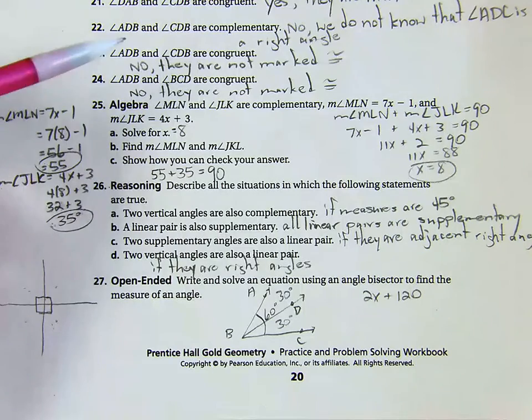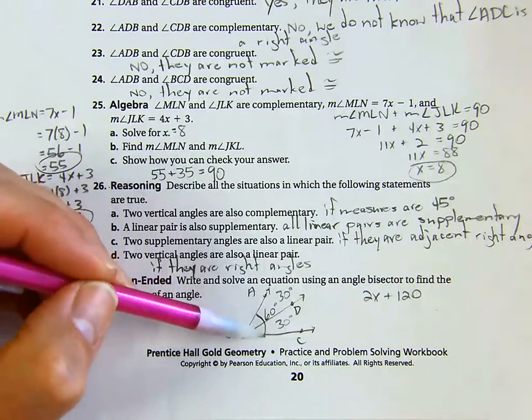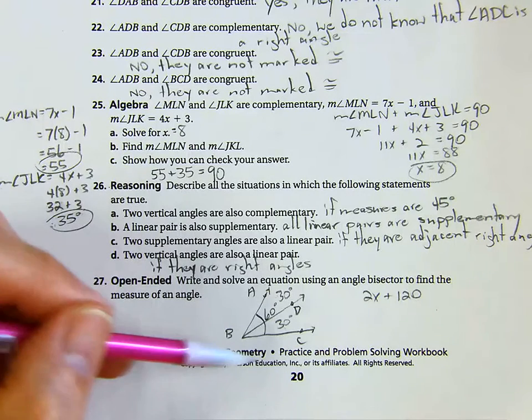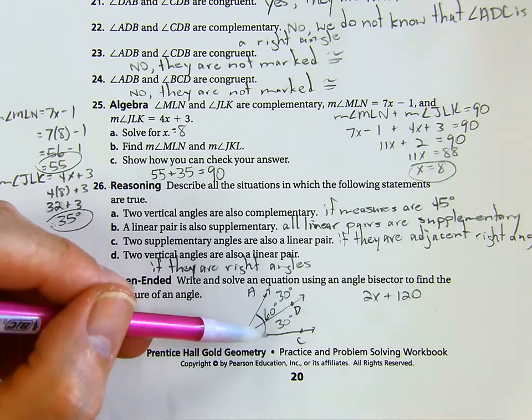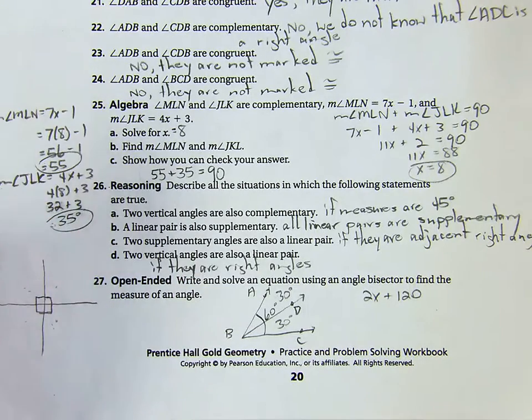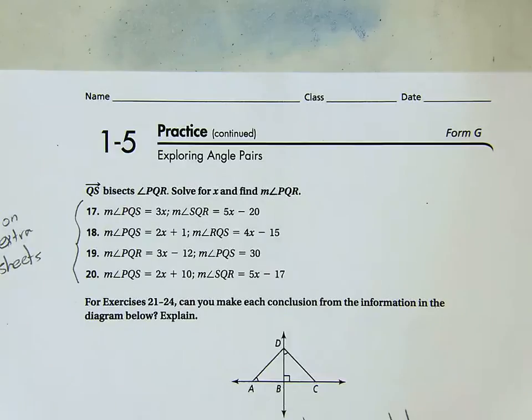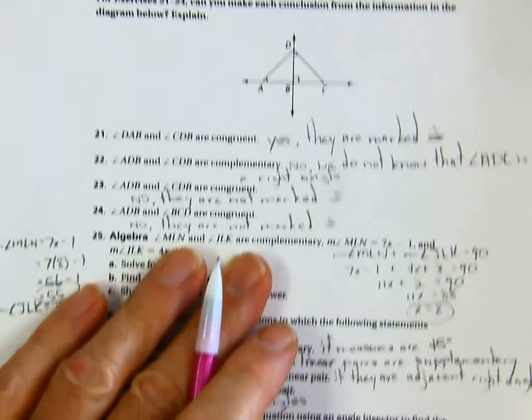I should have written an equation to do this, but these two angles add up to be this one. It's open-ended. I'll give us an example in class, or any example where this angle plus this angle equals the whole angle, like we had previously in some of the other problems. Like 17 through 20 would have been the same situations, but you could have made up your own problem there.